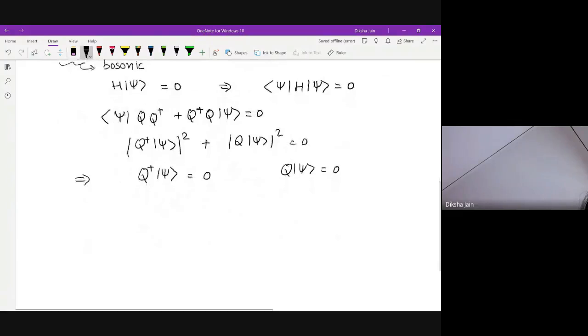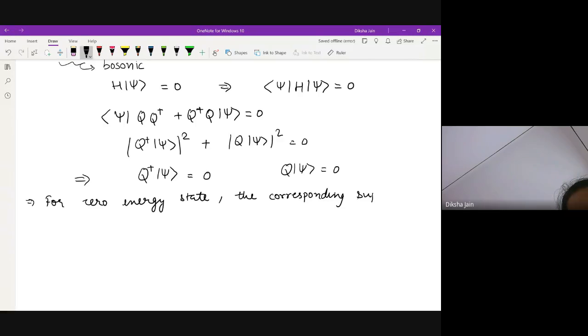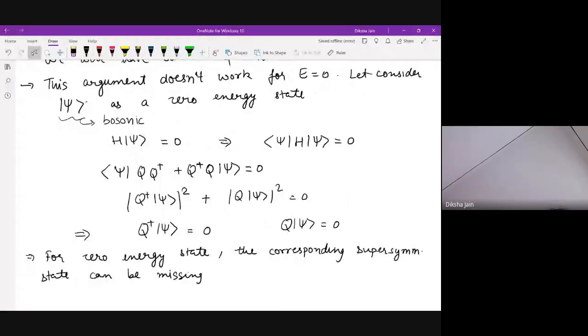So what it means is that for zero energy states, the corresponding supersymmetric state or super partner can be missing. It can be there or it cannot be there. You don't know. So if psi is a bosonic state, you cannot always apply Q on psi to get a fermionic state.